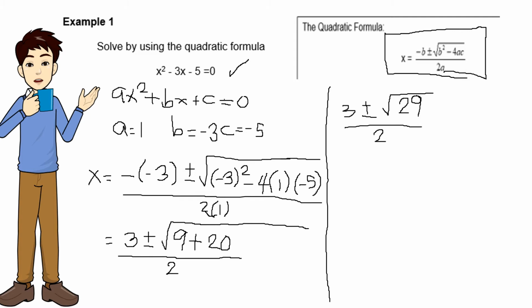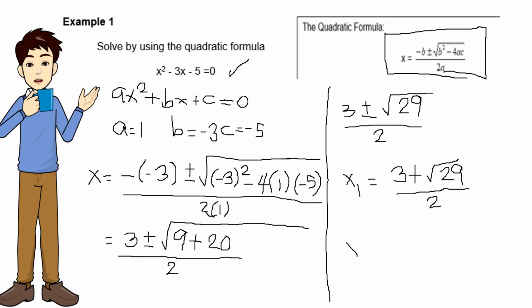So, state na natin x sub 1 equals 3. Gamitin natin yung plus square root of 29 over 2. So this serves as the value of our x sub 1 positive.